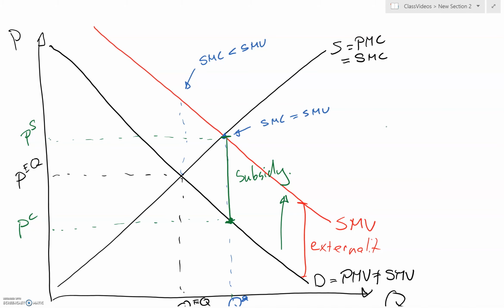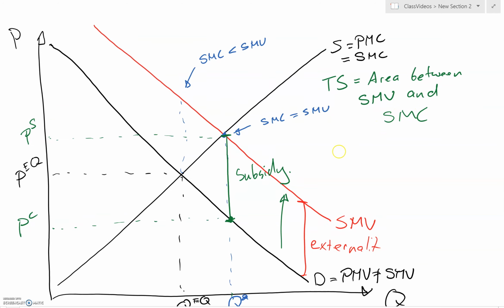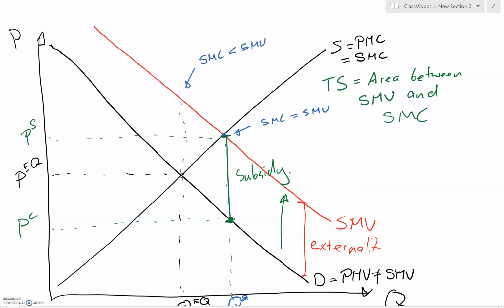Okay, so in general, total surplus is going to be equal to the area between social marginal value, right? So we're adding up private marginal value and external marginal value, and social marginal cost, which in this case is just private marginal cost, right?